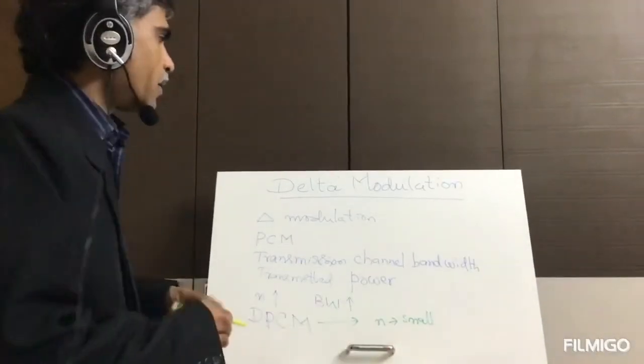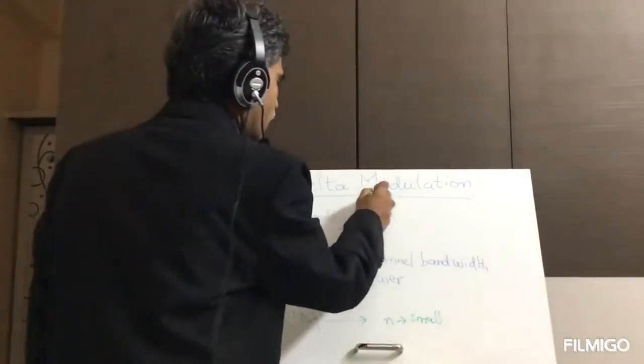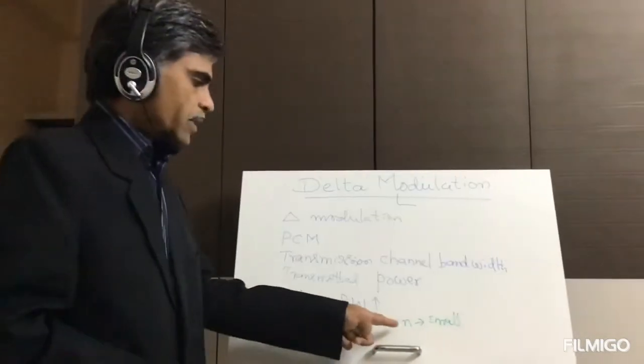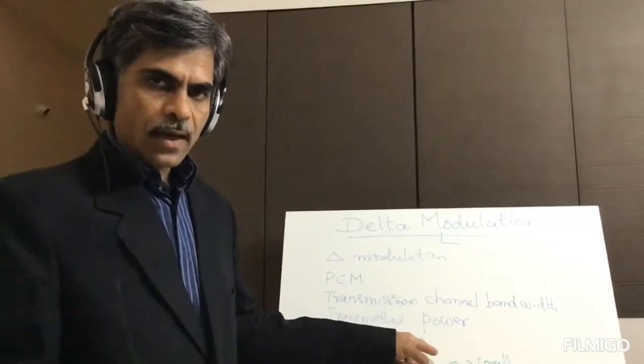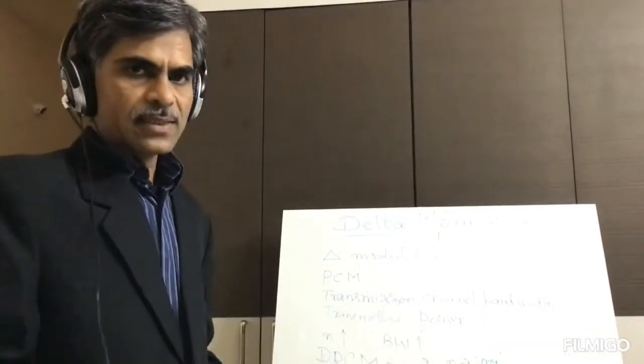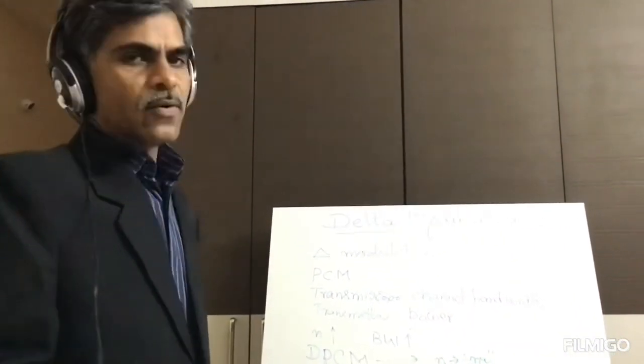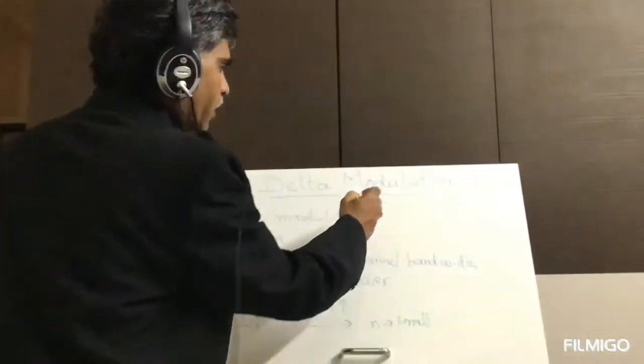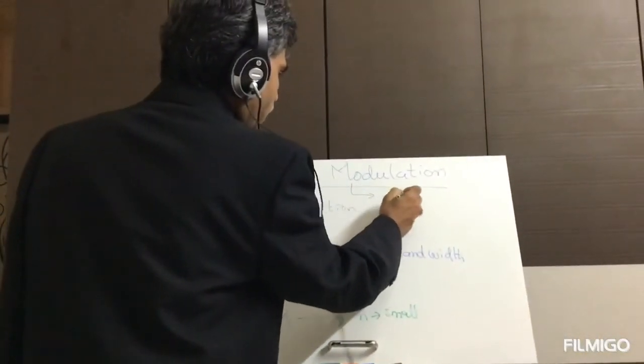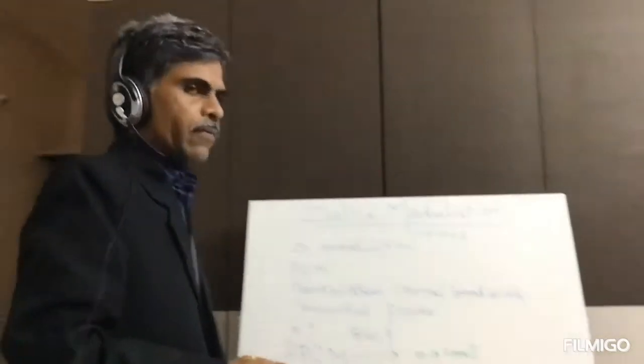In the case of delta modulation, n, which represents the number of bits utilized for quantization and further coding, will be 1 only. Once n becomes equal to 1, we call the quantization 1-bit quantization.